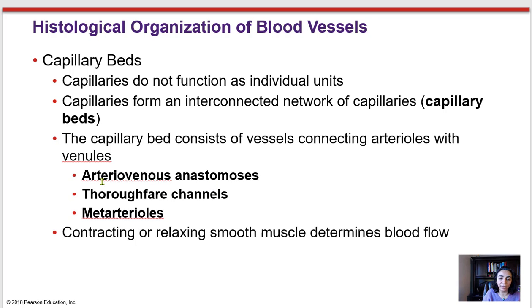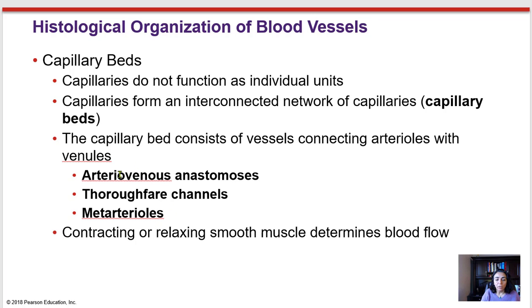We call that vessel an anastomosis. As we have it between arteriole and venule, we call it arteriovenous anastomosis. The other one, we have some channels, we call them thoroughfare channels. And another one that we call the metarteriole.